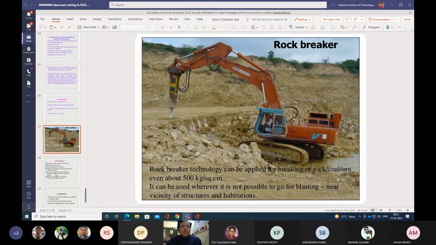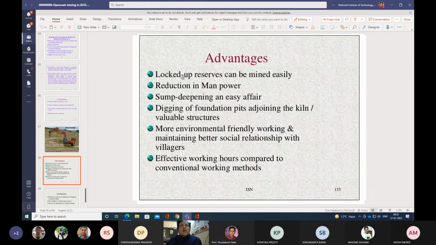Where this method can be used, what are the advantages of the rock breaker? Rock locked-off reserves can be mined easily by the help of a rock breaker. Reduction in manpower. Sump deepening is an easy affair by the help of this machine. Digging of foundation pits adjoining the kiln and valuable structures, you have to use this rock breaking technology.